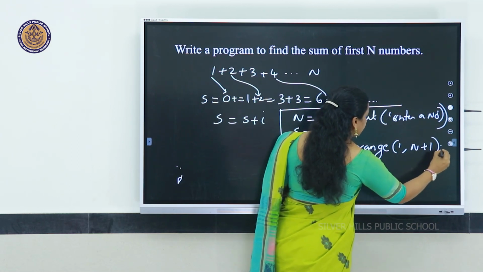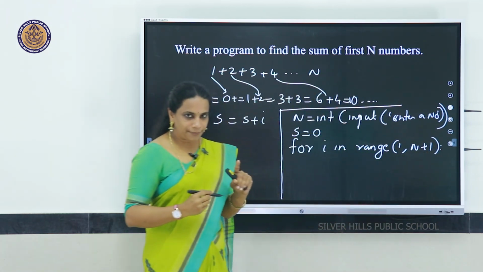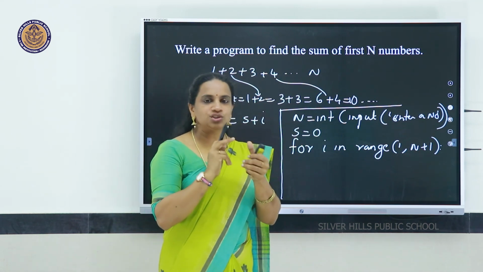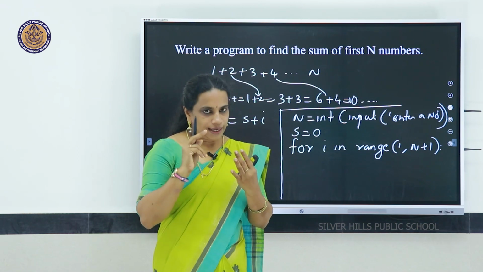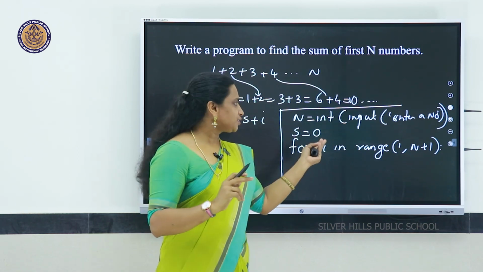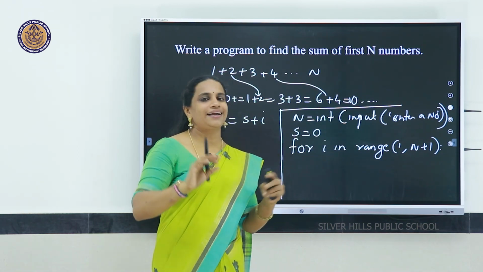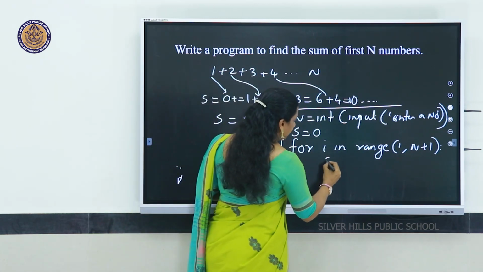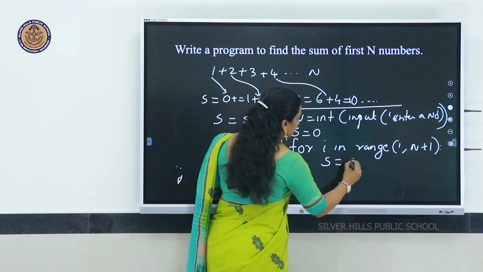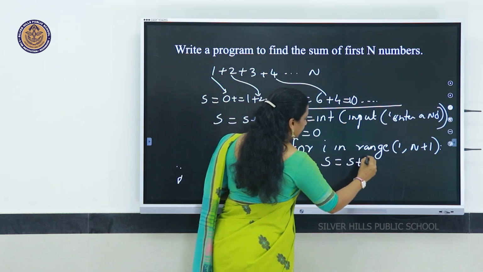Suppose I want to find the sum of the first 5 numbers. 1 to n plus 1 means 1, 2, 3, 4, 5. The value of n is 5, n plus 1 indicates 6, 6 is excluded from the range. Now, what is the step I have to give here? s is equal to s plus I.